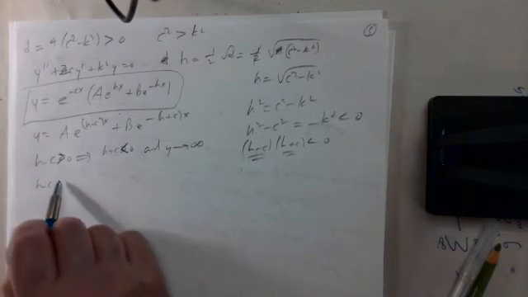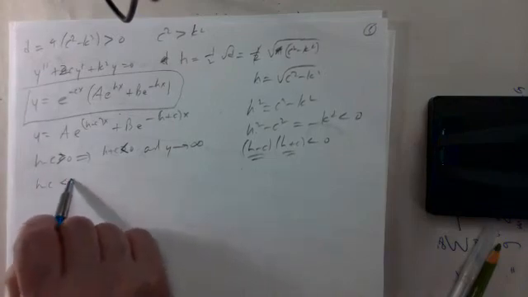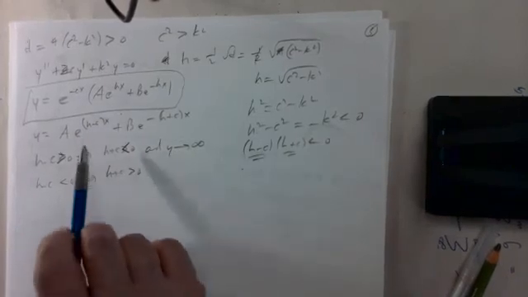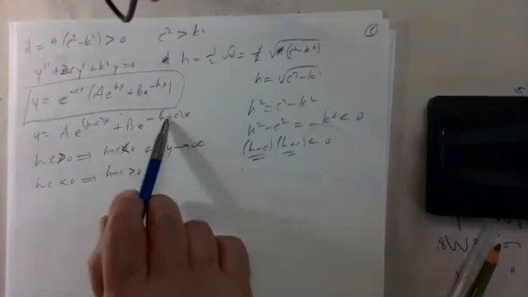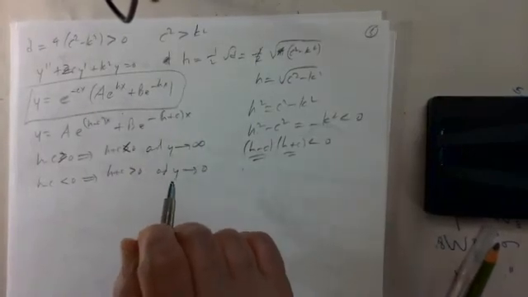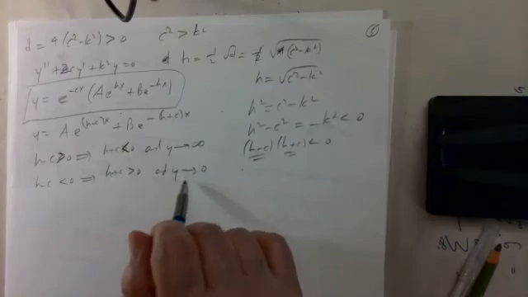If h minus c is negative, then h plus c is positive. So this is negative, minus this is negative, and y goes to 0. So we have what's called overcritical damping.